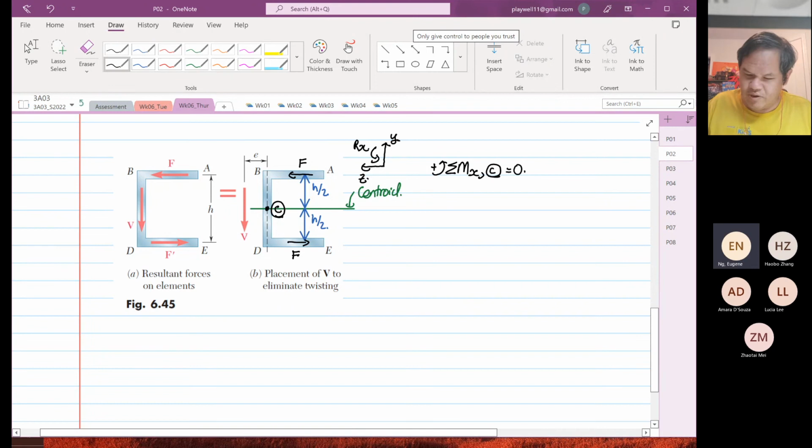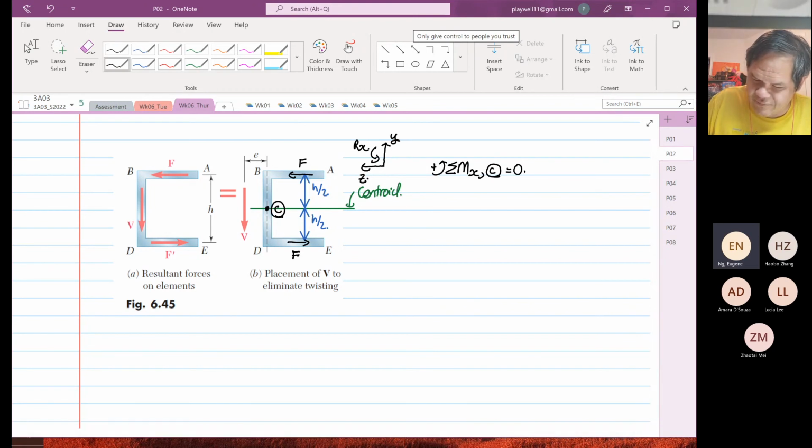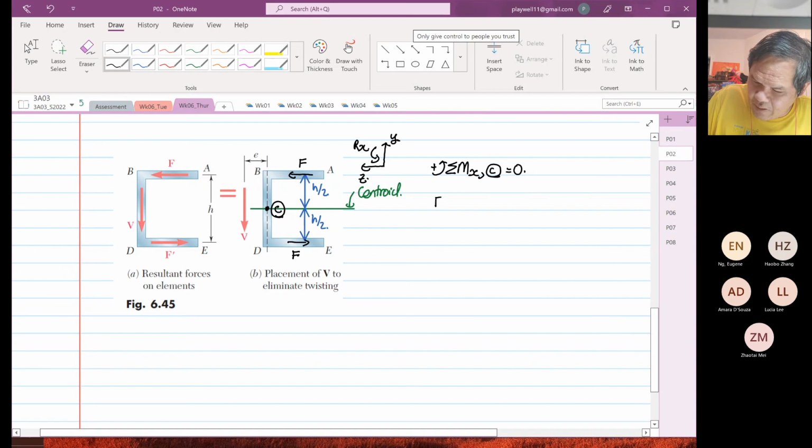So we're going to take the moment now. At point C, the F will have an anti-clockwise direction. So F multiplied by H over 2. The bottom F is also plus F multiplied by H over 2.